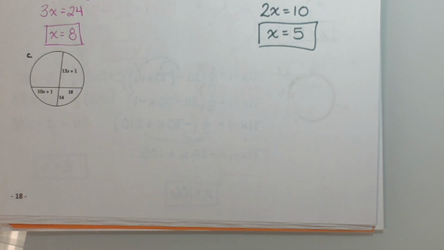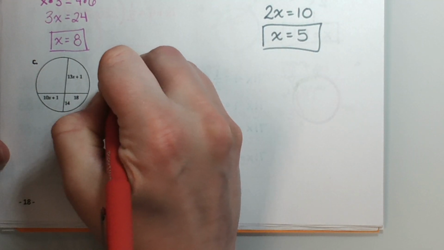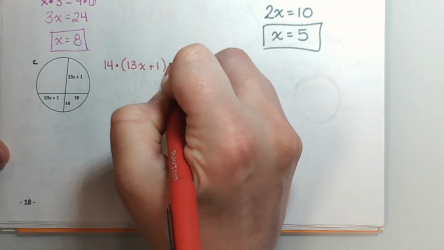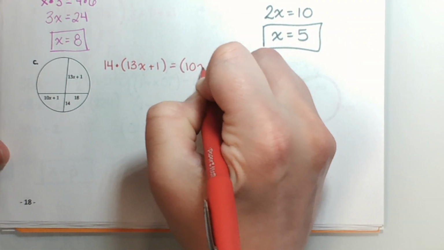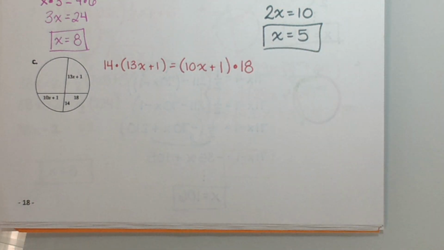Charlie, what's the equation going to look like for this one? 14 times parentheses 13x plus 1 equals parentheses 10x plus 1 times 18. Charlie put parentheses around two things. Did he have to do that? Yes.